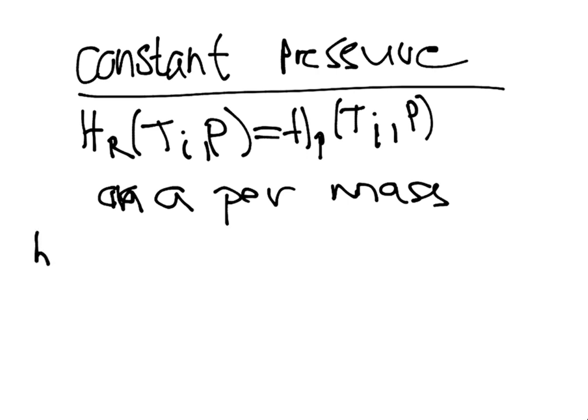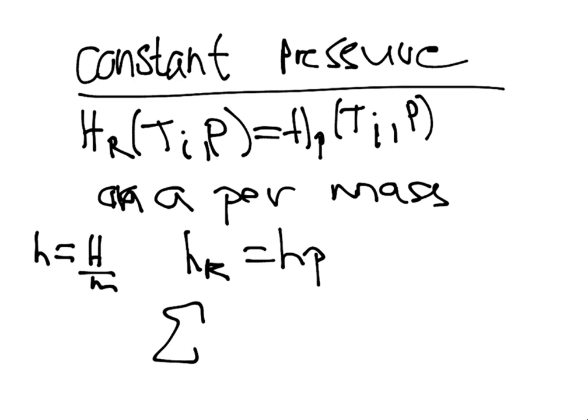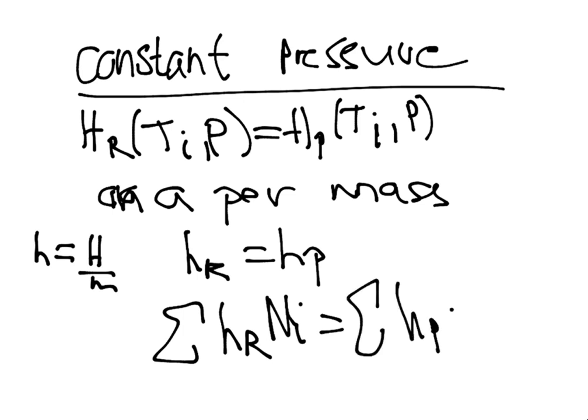So little h is equal to H over m. So this would give us h_R is equal to h_P. And because we're on a per mass basis, when we sum, we have h of the reactants times the number of moles is equal to the sum of h of the products times the number of moles.